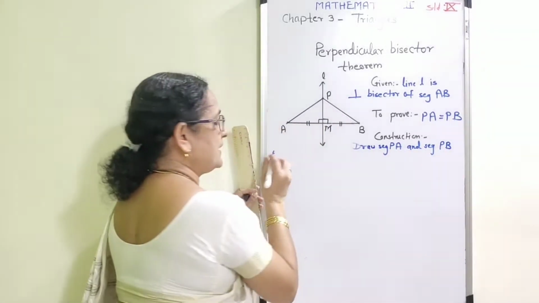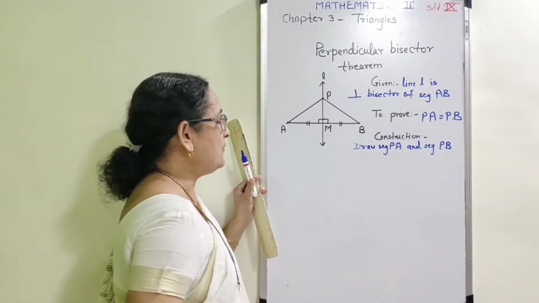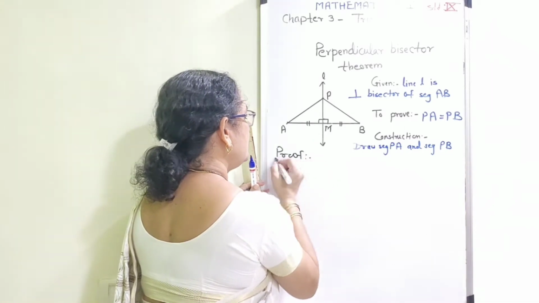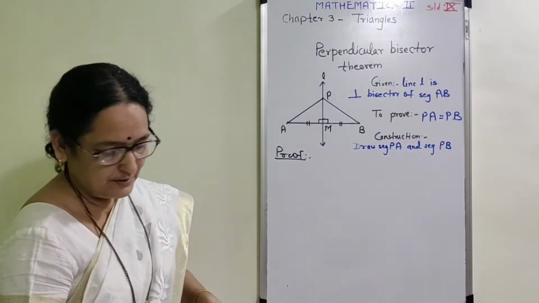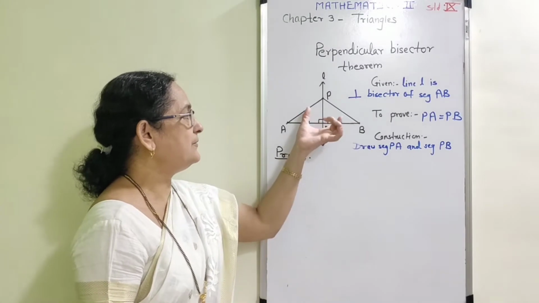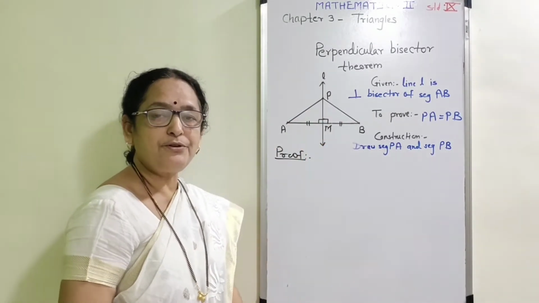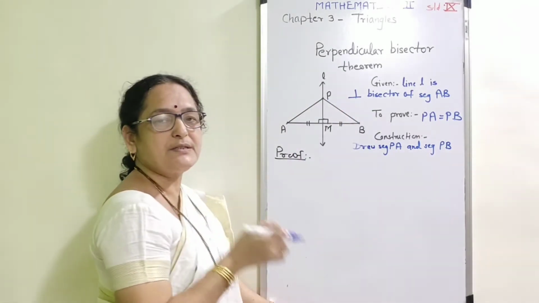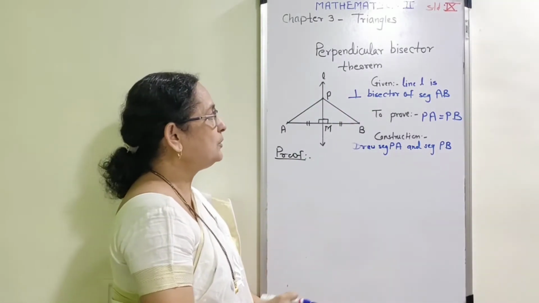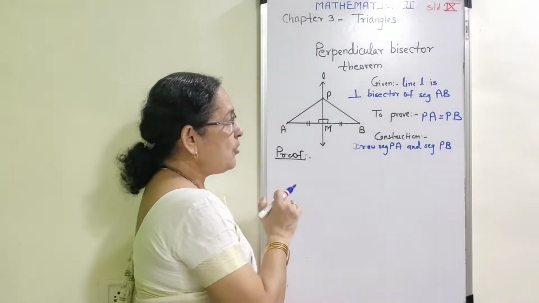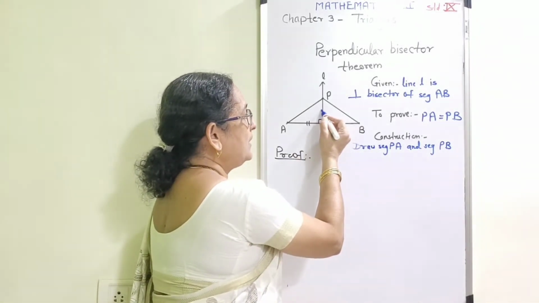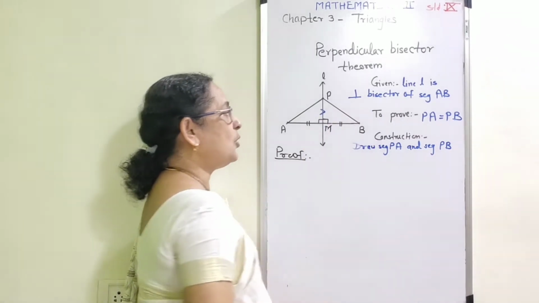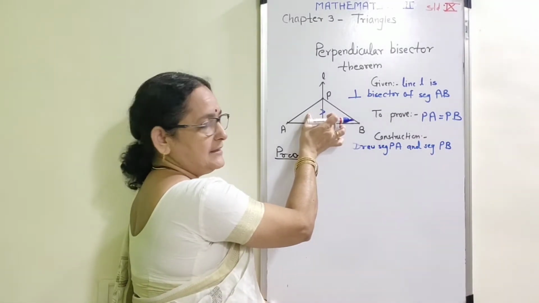Now we are going to write the proof. In the proof, observe the figure on the board. Suppose you are able to prove that the two triangles in the figure are congruent to each other, then PA and PB are corresponding sides of the given congruent triangles. Here in the figure, segment PM is the common side of both triangles.